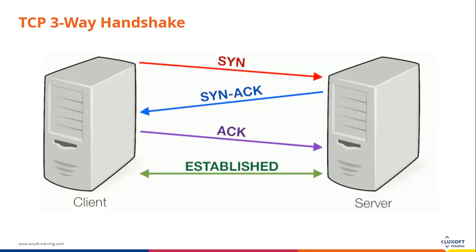The client sends a SYN message, saying, hey, I would like to connect to you. And the server responds SYN ACK, meaning, okay, I have received your request, I am ready to discuss with you. And the client says, okay, everything is fine, I'm going to give you my acknowledgement. And now the connection is established.